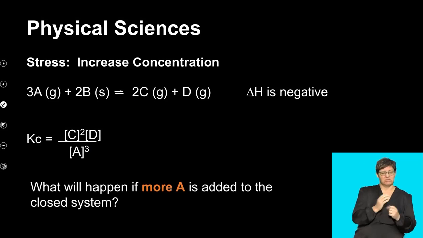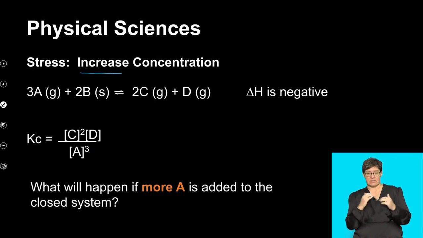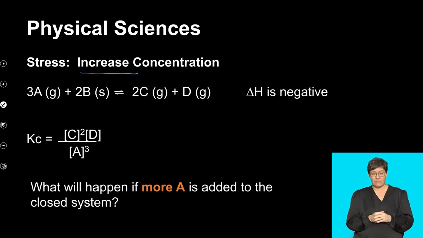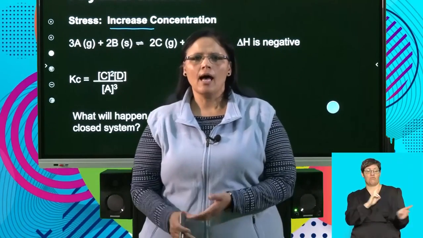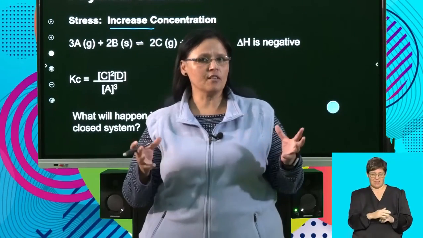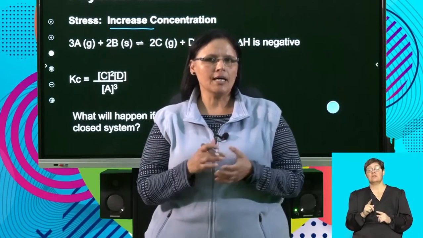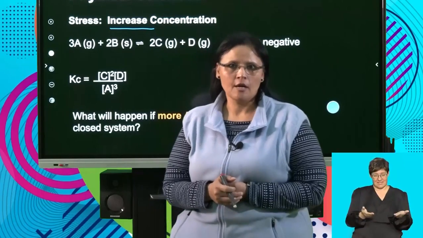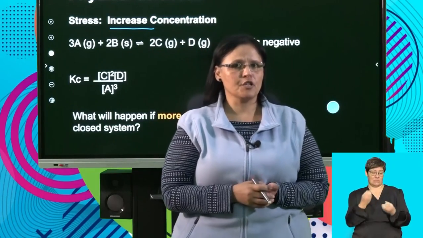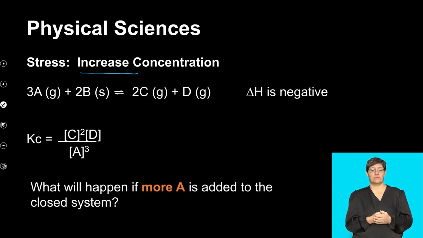Right, so my stress here is an increase in concentration. Now I want us to work with a hypothetical reaction, and we need to remember everything that we've done up to now in terms of using our balanced equation for the Kc expression. So we have 3A, 2B, where I want you to note that 2B is a solid.